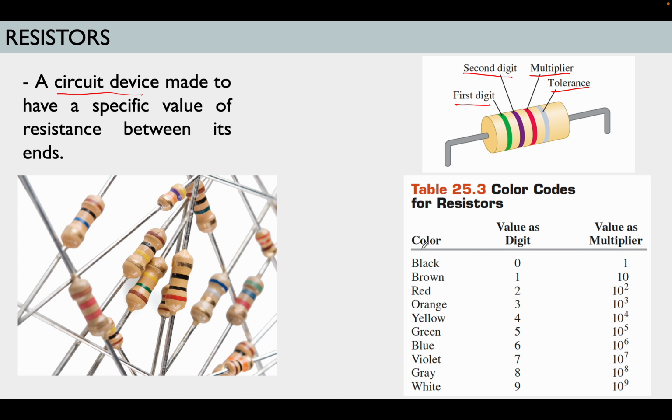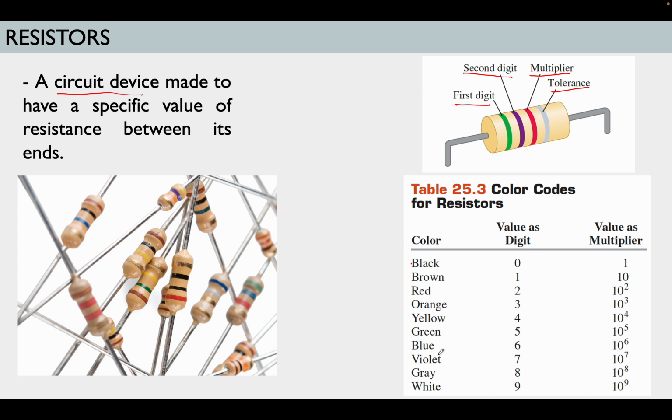Let's look at table 25.3. We have this sequence of colors: black, brown, red, orange, yellow, green, blue, violet, gray, and white. The value as a digit starts from 0. So black is 0, brown is 1, red is 2, orange is 3, yellow is 4, green is 5, blue is 6, violet is 7, gray is 8, and white is 9.